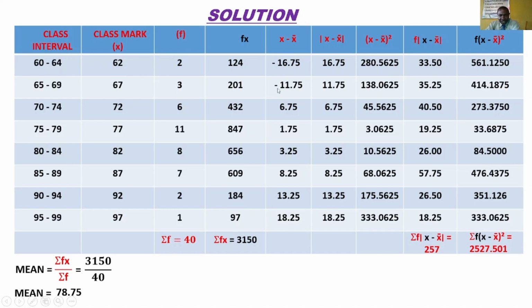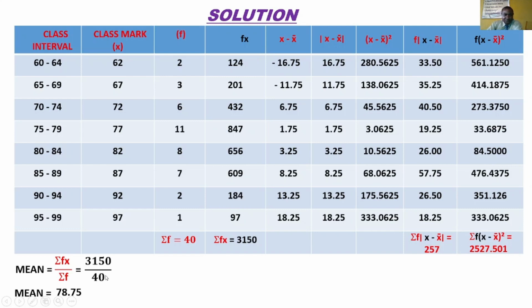If you multiply the 3 with 138.0625, we end up with this set of values. If you say 8 times this set of values, this is what it will give us. Now, when you add all these values, this is what we arrive at: 2527.501.